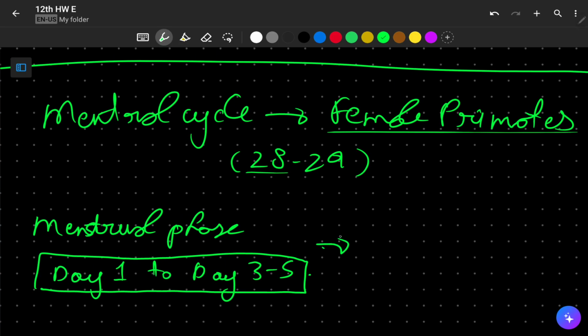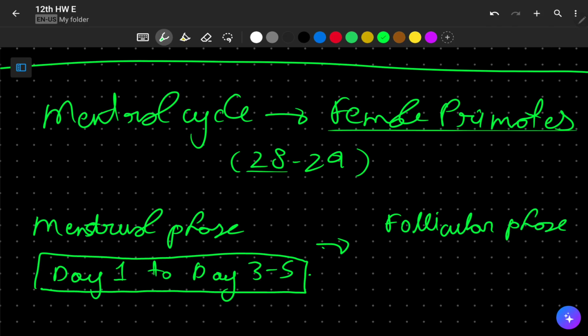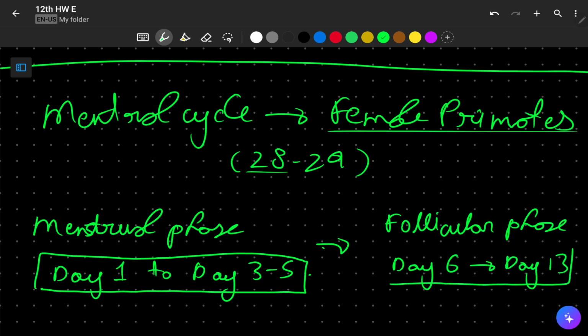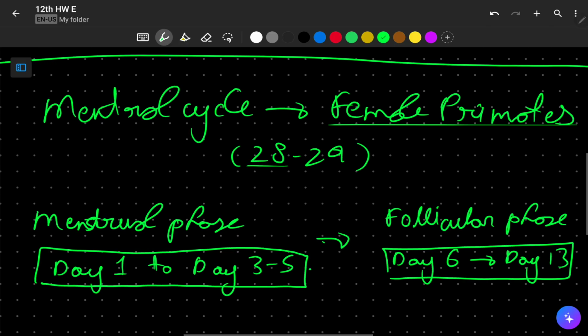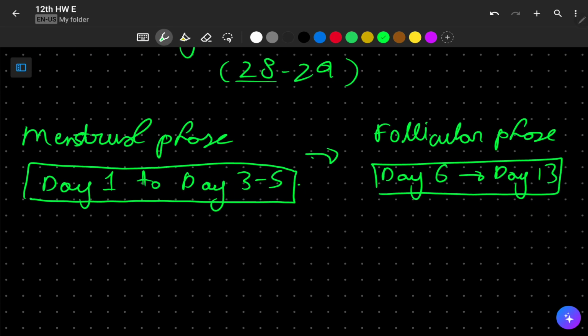Let's move on to the next phase, which is the follicular phase. The follicular phase lasts from day 6 to day 13. This is the stage where the Graafian follicle develops again, because we have to continue the cycle once again. So again we have the primary follicle, secondary follicle, tertiary follicle, and then the Graafian follicle.